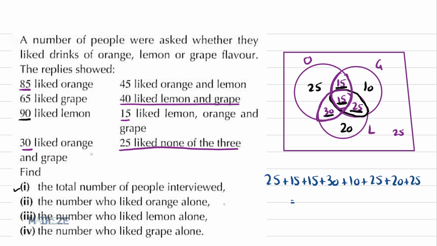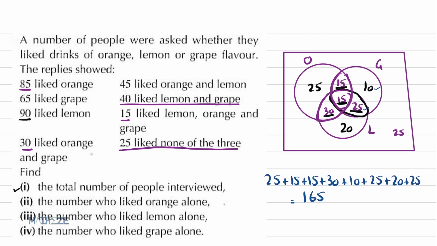Oh no, wait. 85 plus 10, 95 plus 25 makes what? 120. And 120 plus 20 makes 140. 140 plus 25, yeah, 165. Got till this point, guys.